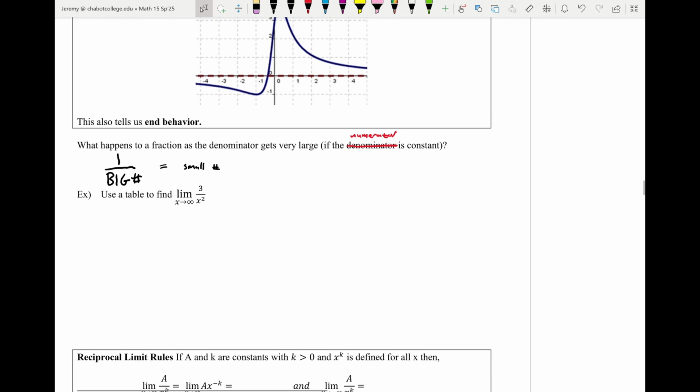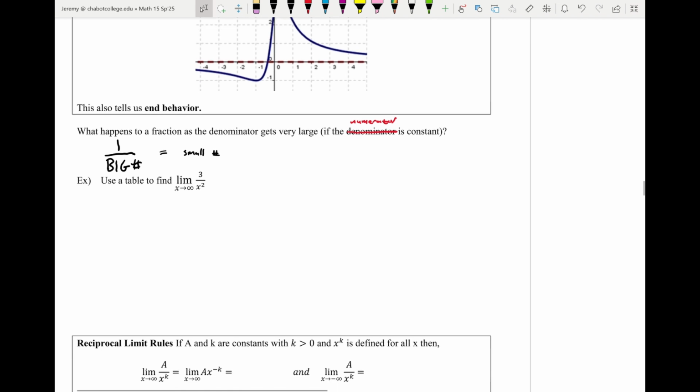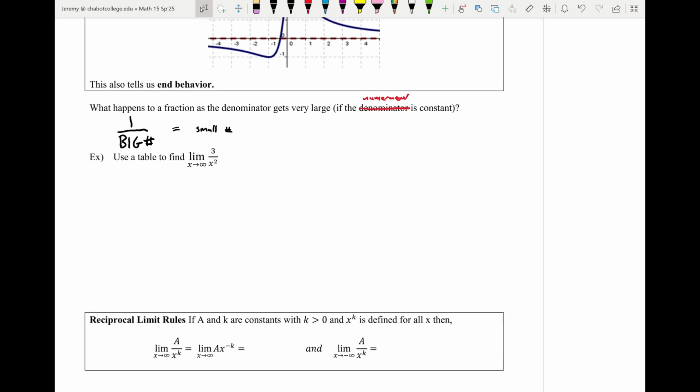Because if the numerator were also a variable, like if it was an x, then numerator and denominator would both be going to infinity, which is not so obvious or clear or determined what's going to happen. Okay, so looking at this example, this is what we mean. The numerator is a constant value. And since we're taking the limit as x goes to infinity, this denominator is expected to get very, very large.